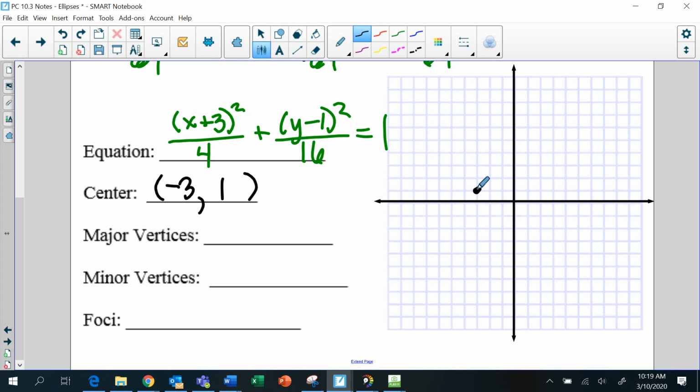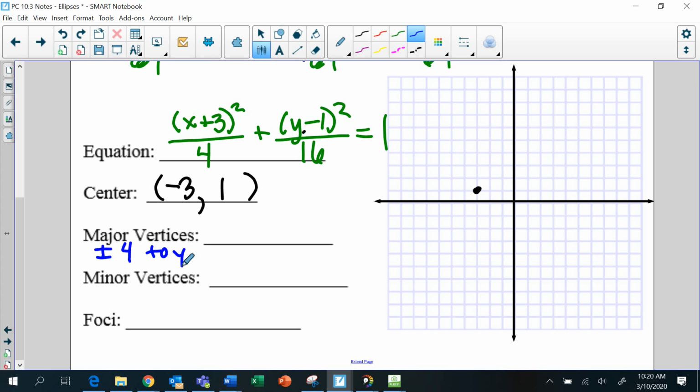Next, we're going to find the major vertices. So we look at the bottom numbers. We've got the 4 and the 16. Which one's bigger? 16. So the 16 is going to help us find our major vertices. 16 is under the y. So we're going to add and subtract the square root of 16, 4, to the y values of the center.